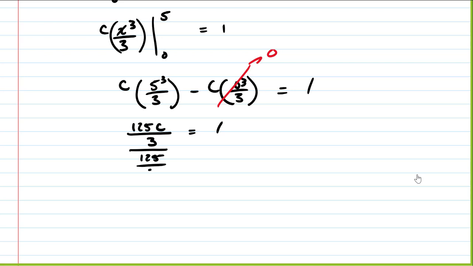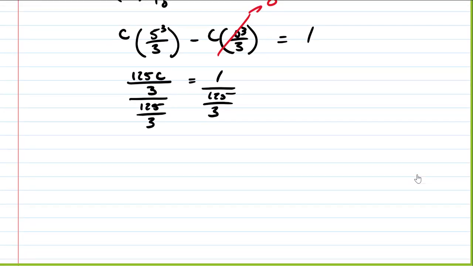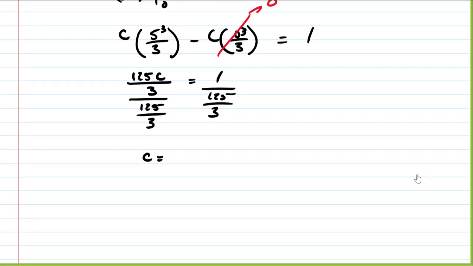So we divide both sides by 125 over 3. And that's going to give us c is equal to, well, we multiply by the reciprocal, so we get c is 3 over 125. So that would be the value of c that we would need in order to make that a probability density function.